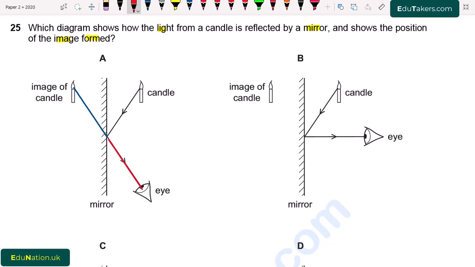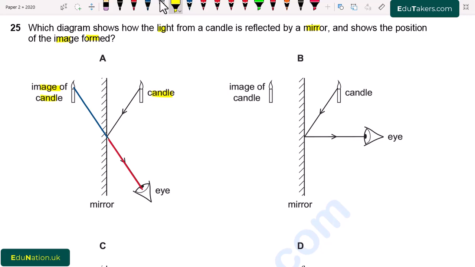We know that by the mirrors, the image is formed that is of the same size, but on the opposite side to that of the object. In this case, the object lies on the left side, which is the candle, while the image of the candle is formed on the right side. So this is correct.